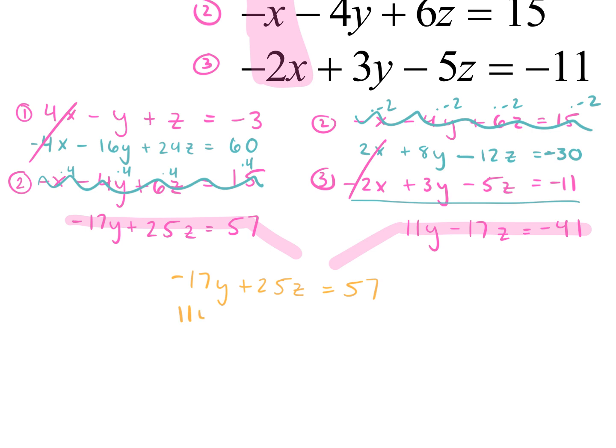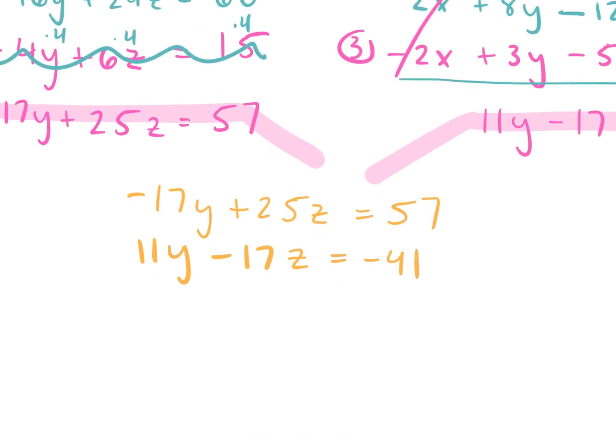And 11y minus 17z is equal to negative 41. So which variable do you want to cancel now? Y. Sure, we can cancel out the y's. What would we need to multiply by to cancel the y's? First one by 11 and the second one by 17. All right, we're going to multiply the first one by 11 and second one by 17.